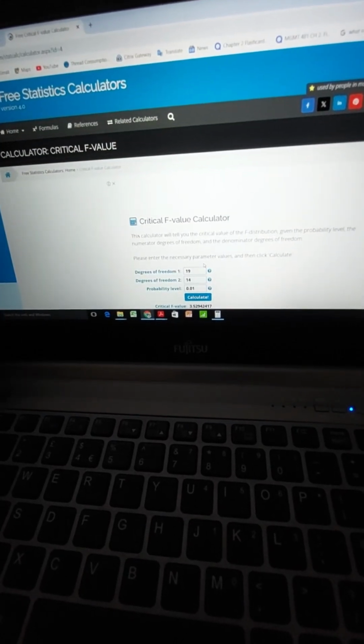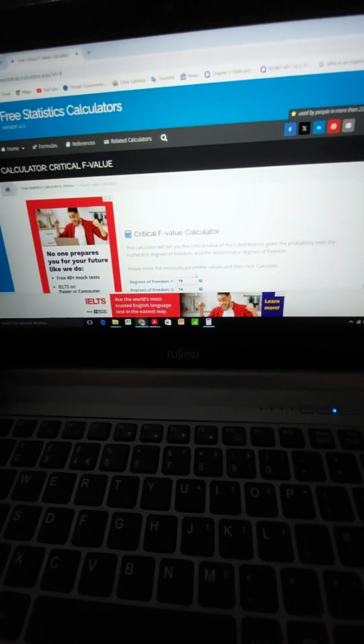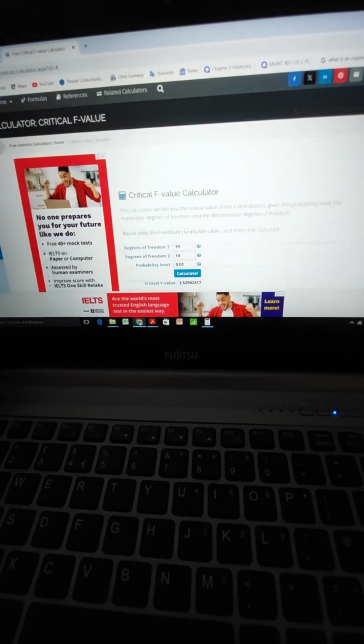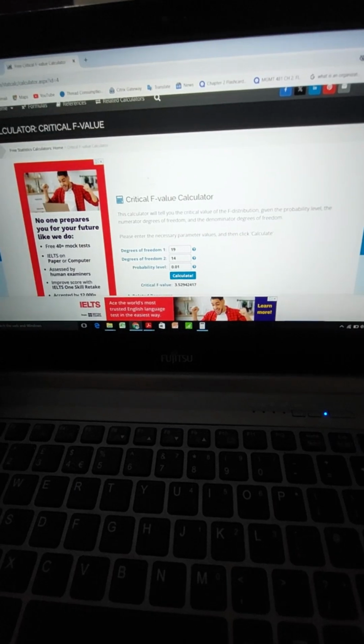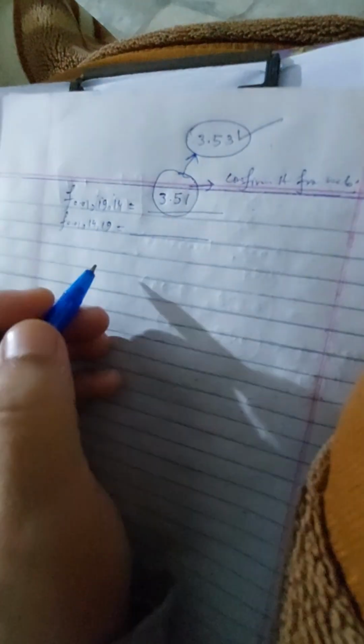It gives us a value of 3.529, which is 3.53. And here we got 3.51. So not that different, but the actual value is 3.53.